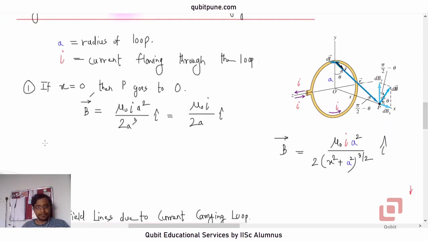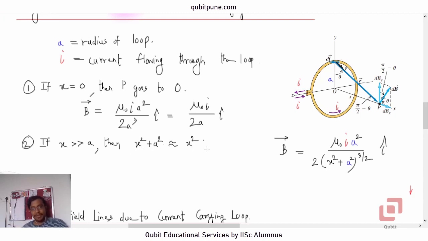Number two. If x is much greater than a, then x squared plus a squared can be approximated to x squared only. If x is much greater than a, then the square of that will be further greater than a squared.